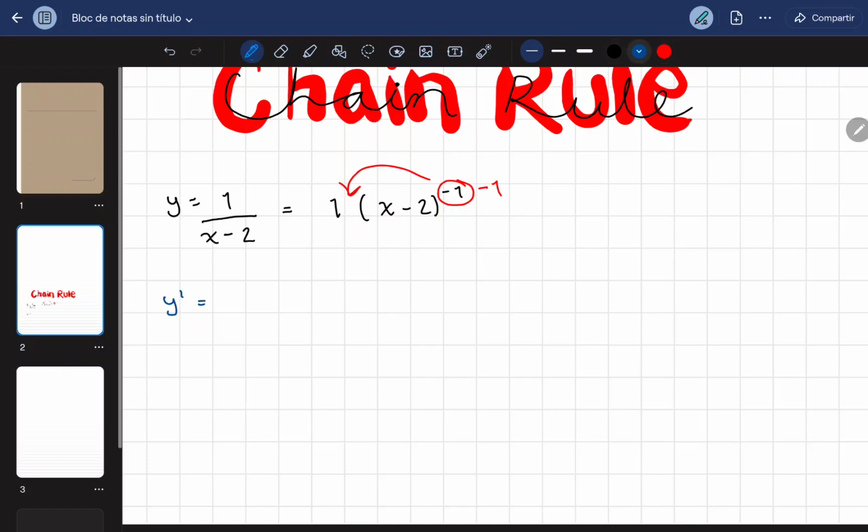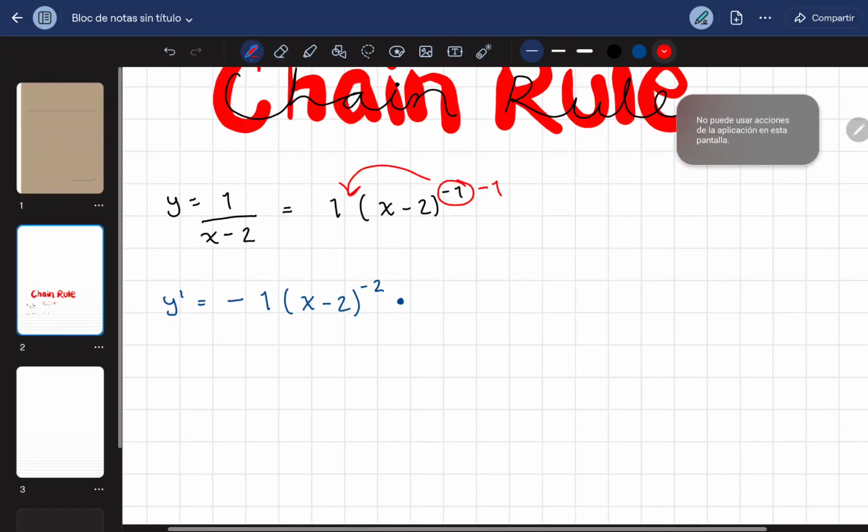So we say minus 1 times x minus 2 to the power of minus 1 minus 1, which is minus 2, times the derivative of the inner term there, which is just dx.